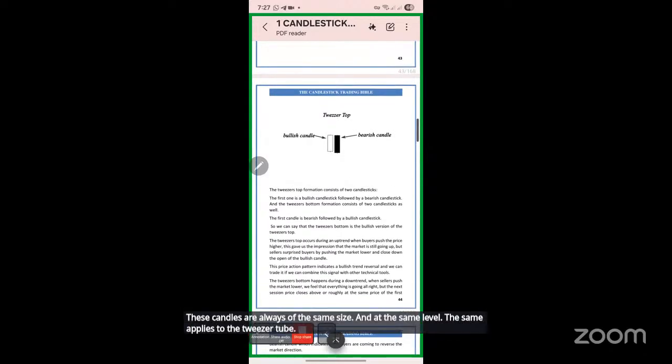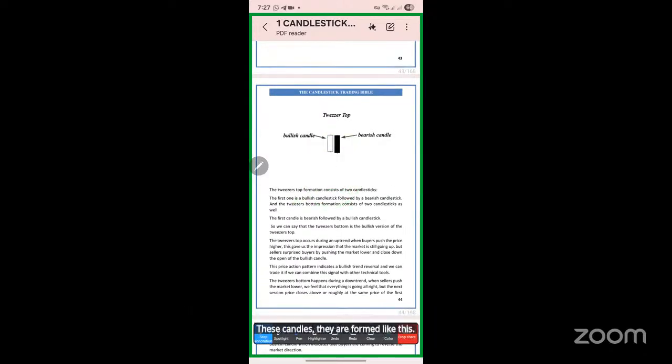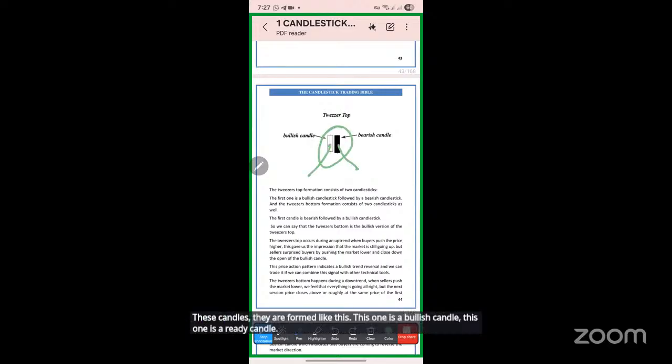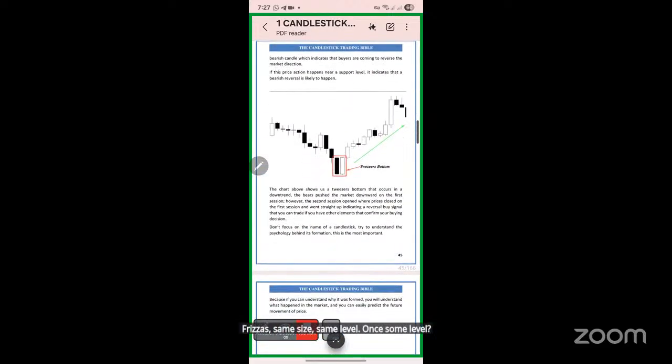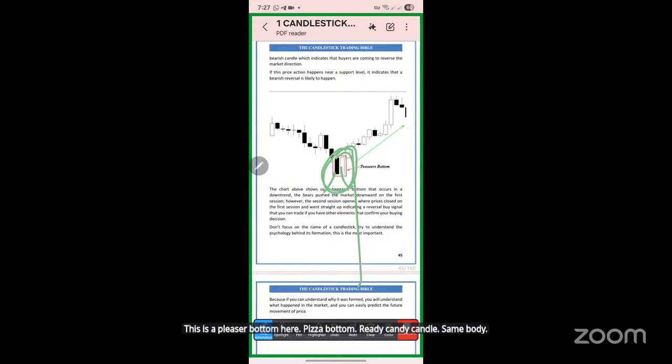Same size, same level. Once it is the same size and the same level, the way you are seeing it here, this is a tweezer bottom. Red candle, green candle, same body, same size, same level.